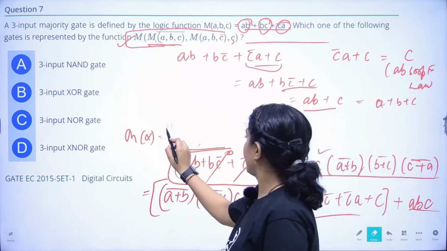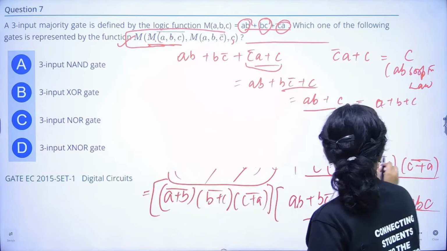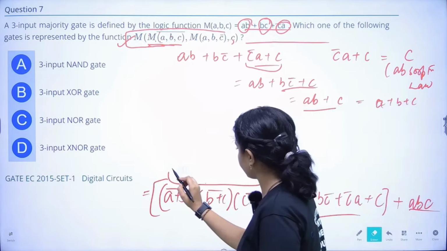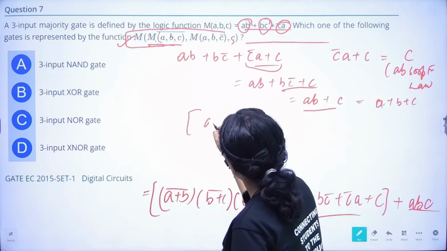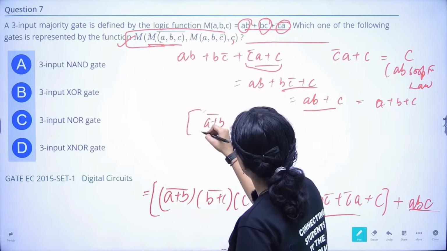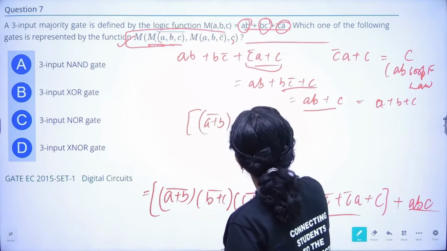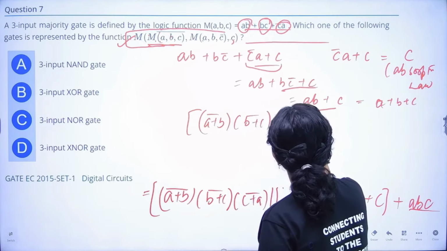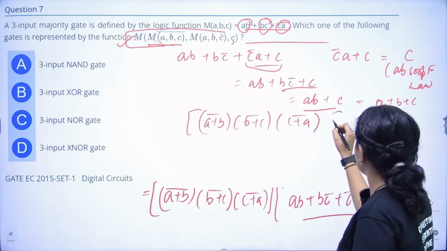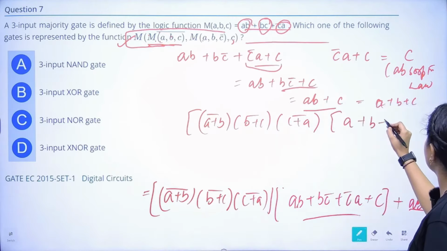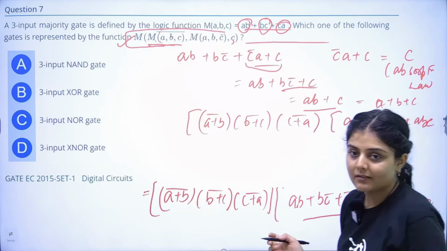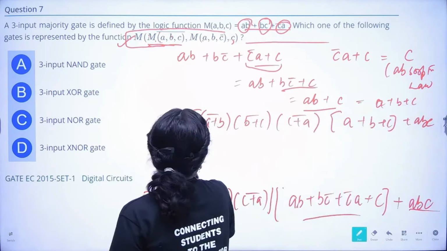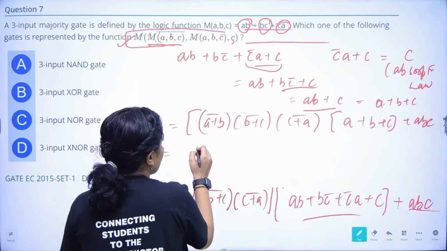Let me write it here. So this is A plus B whole bar, B plus C whole bar, C plus A whole bar multiplied by A plus B plus C plus ABC. Quite a bigger expression again. Now we can apply De Morgan's again here.